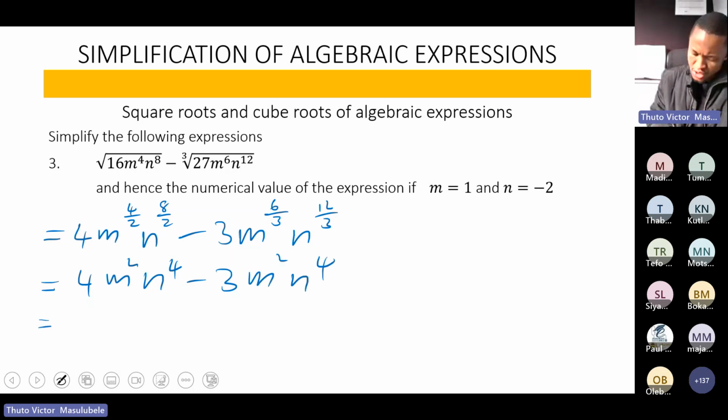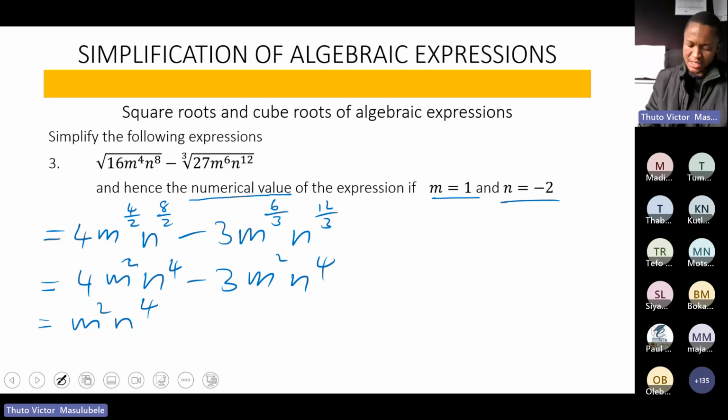Now check the two terms. Are they like terms? And yes, they are, because they contain the same variables that have the same exponents. So we can combine them. So what we'll be left with will be m squared n to the power of 4. And then what the question requires us to do, they want us to find the numerical value if m is 1 and n is -2.